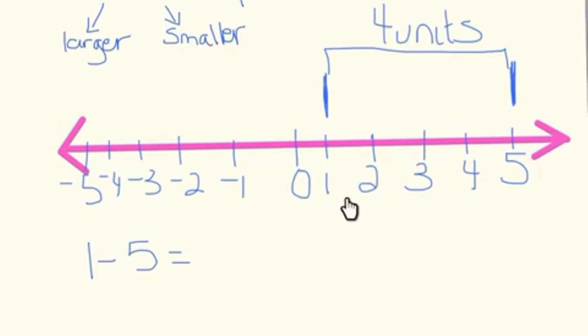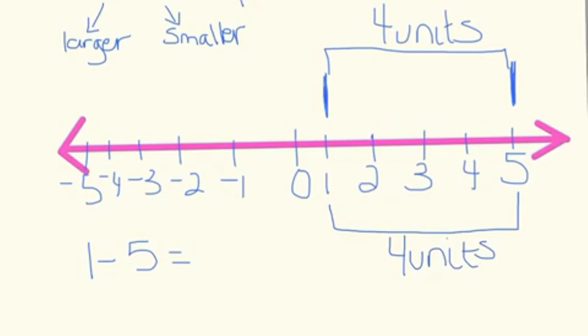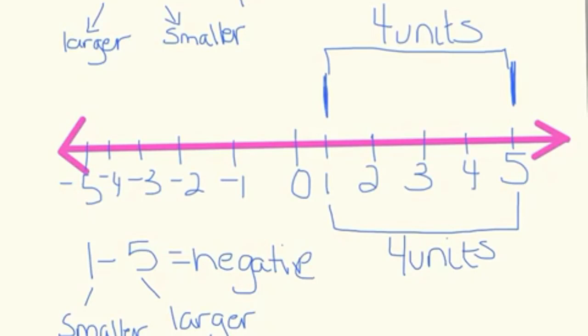The distance is still going to be 4 units. It doesn't matter that you have flipped the numbers, except in your answer. It's still 4 units between 1 and 5, but in this case we have the smaller number taking away the larger number. That means that our answer will be negative. So in this case, our answer would be a negative 4.